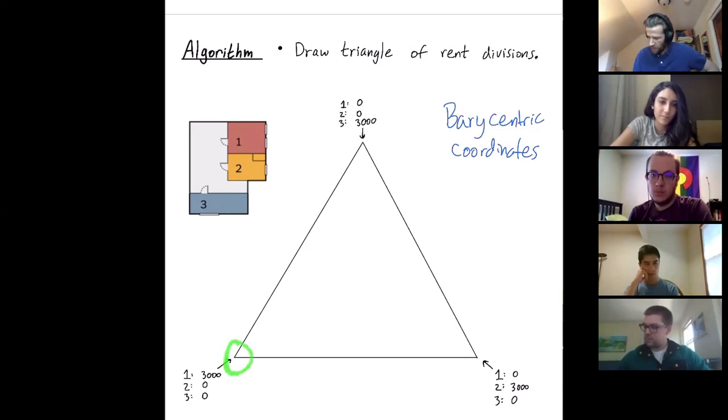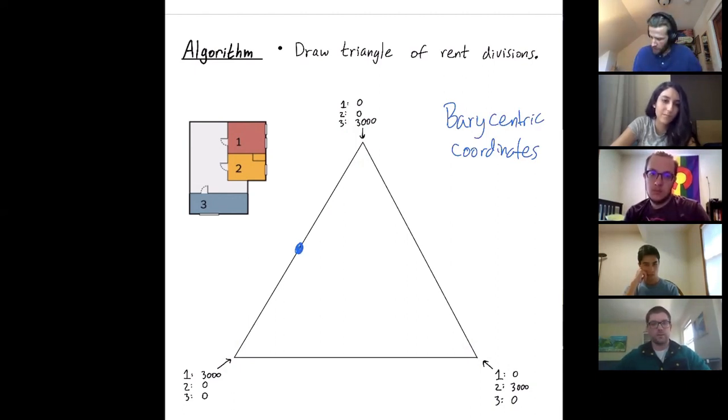So this first vertex is where room 1 costs $3,000 and the other rooms are free. This vertex is where room 2 is $3,000. And this vertex is where room 3 is $3,000. And then other points are linearly interpolated between those.